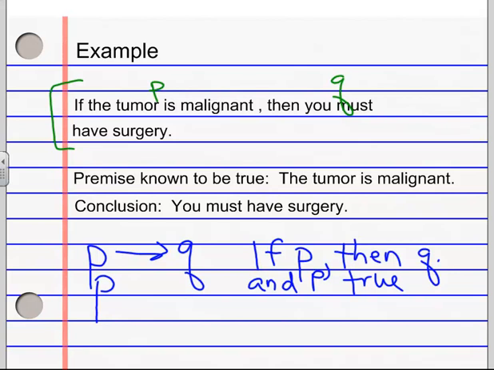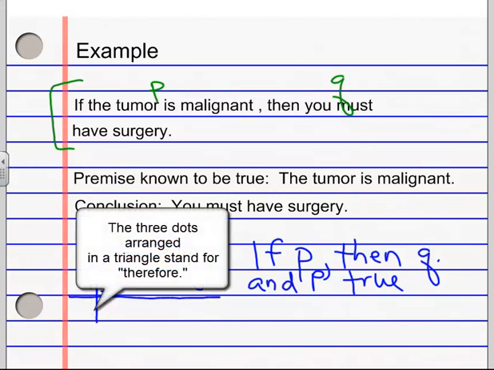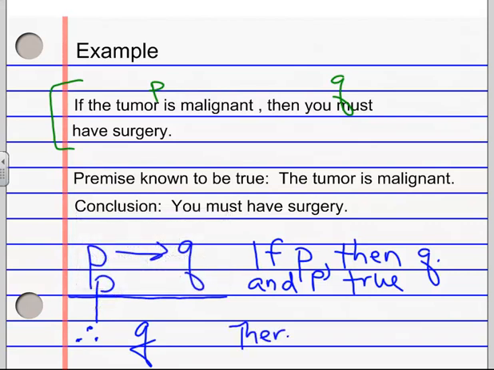So we've got if P then Q, and P, therefore Q has to be true. That means therefore Q. So take a look at our original conditional and then our premise and our conclusion.